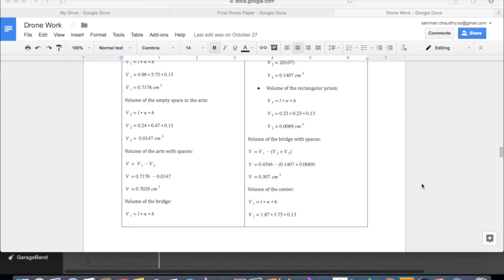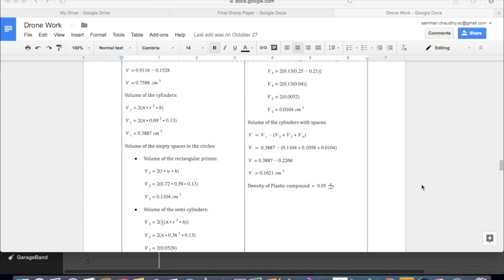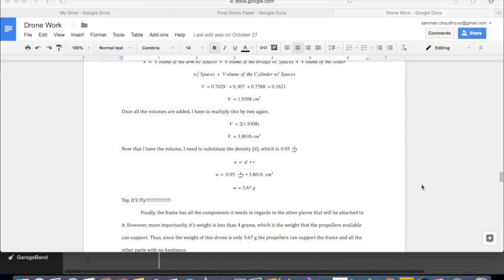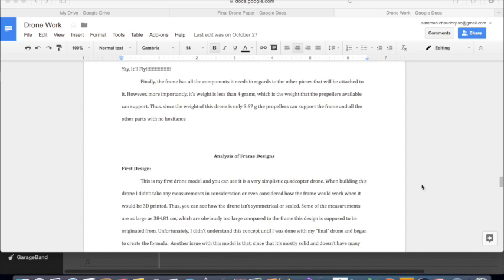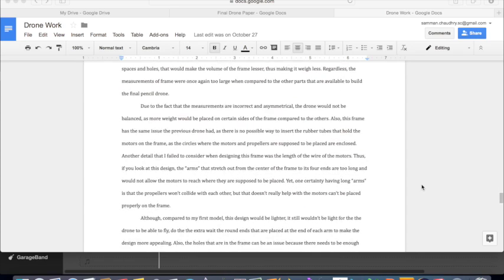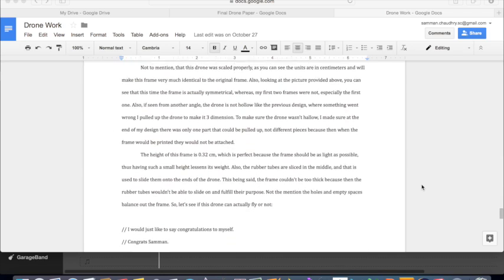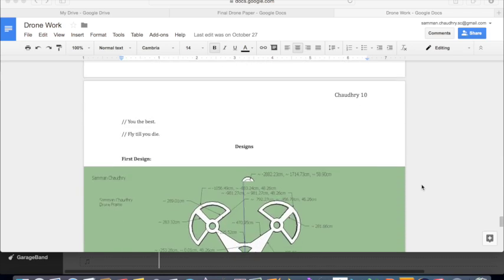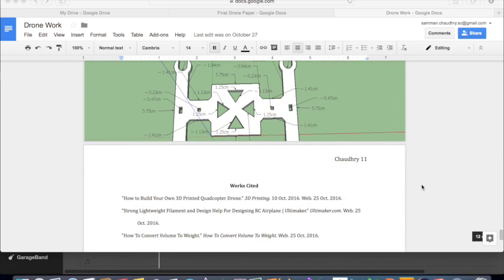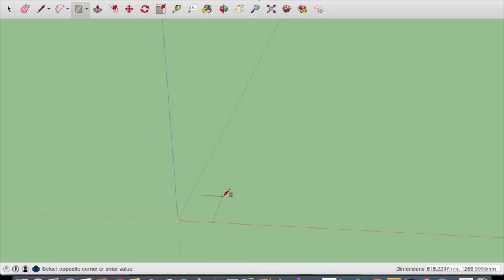Once the volume was acquired, the easier part was to simply multiply that by the density of the base material, for which we used the value 9.48 centimeters cubed. And thus, I was finally able to plan the perfect frame.